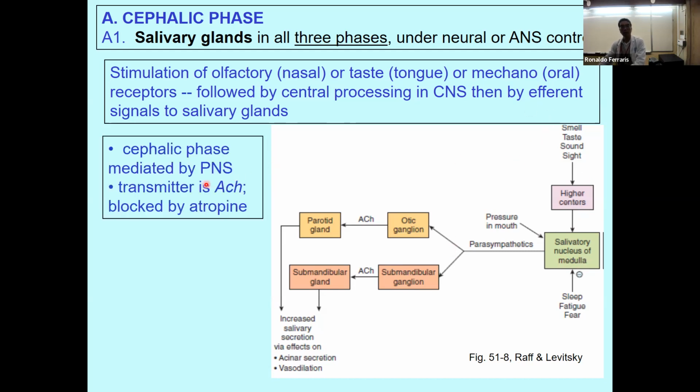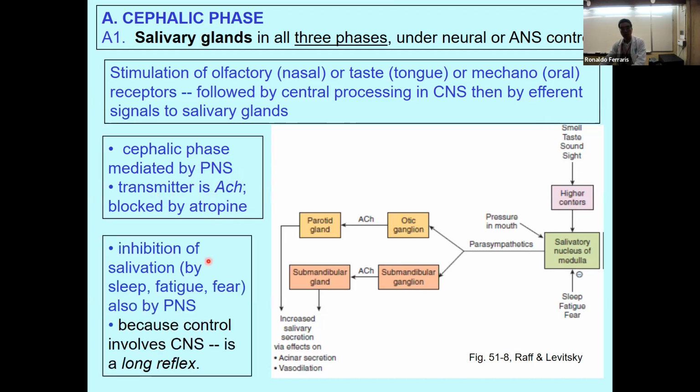And then for this, we talked about the transmitter being acetylcholine, mediated by the PNS, blocked by atropine. And because it involves the central nervous system, remember, cranial nerve number 9, the medulla, and salivatory nuclei in the medulla.